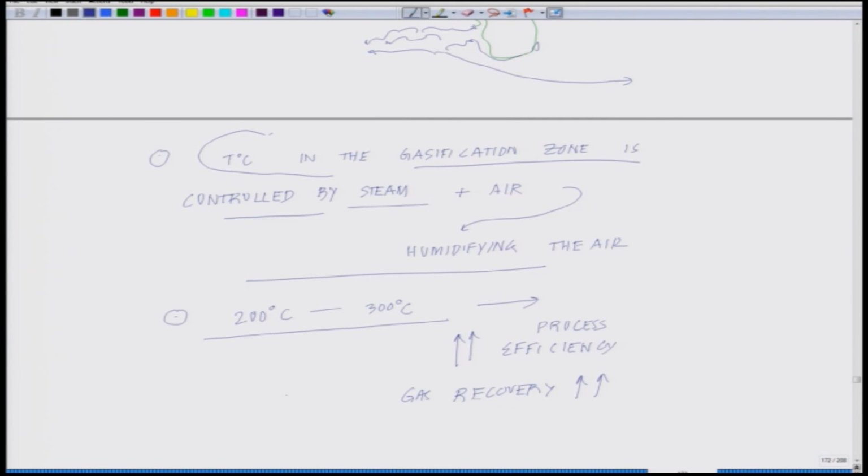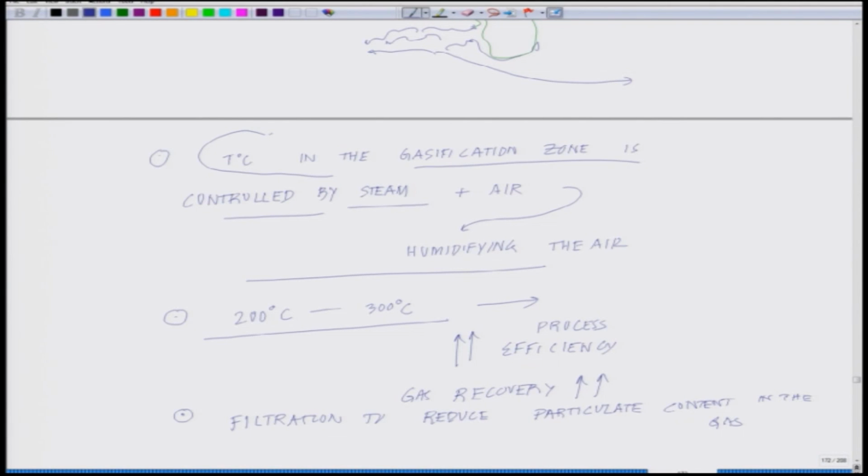And the last important point is that the filtering effect on the feed helps to produce gas with low particulate content. So, filtration to reduce particulate content in the gas.